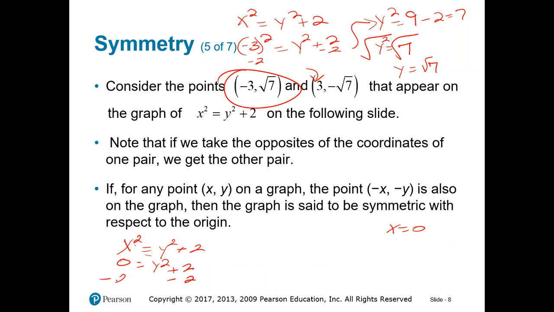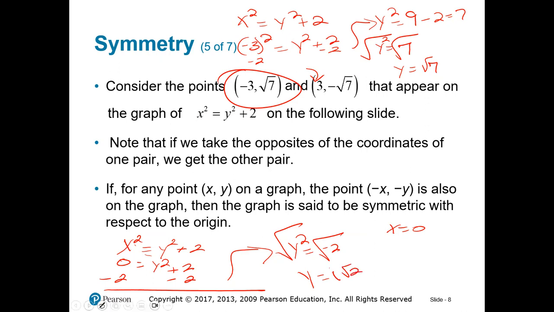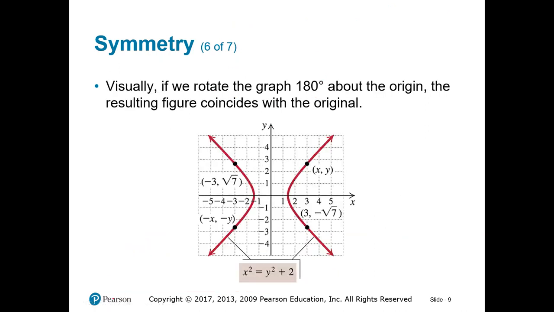Subtract the 2 from both sides, and we get y squared equals -2. If you take the square root of both sides, this value doesn't exist. We get an imaginary square root of 2. So let's look at this right quick. When we get that, it's a helpful hint that I'm going to have two functions going on, and this is actually a hyperbola.